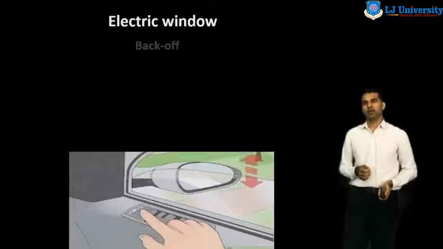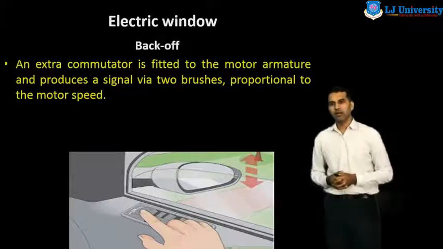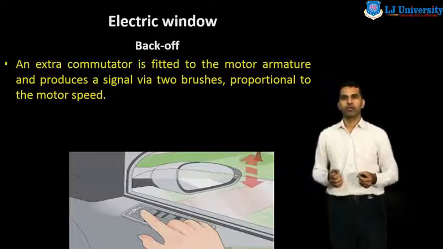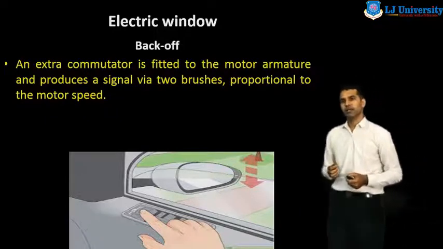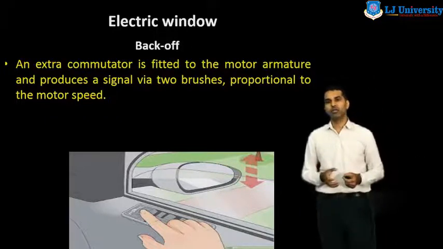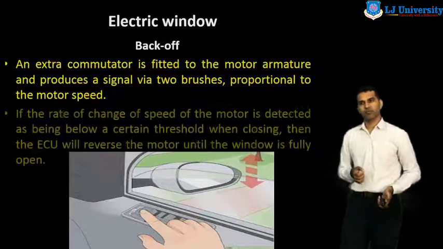Now the second feature is the back-off. An extra commutator is fed to the motor armature and produces a signal via two brushes proportional to the motor speed.